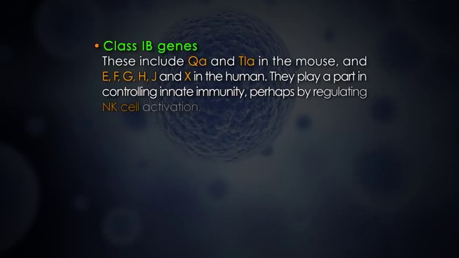Class Ib genes. These include Qa and TLA in the mouse and E, F, G, H, J and X in the human. They play a part in controlling the innate immunity, perhaps by regulating NK cell activation.